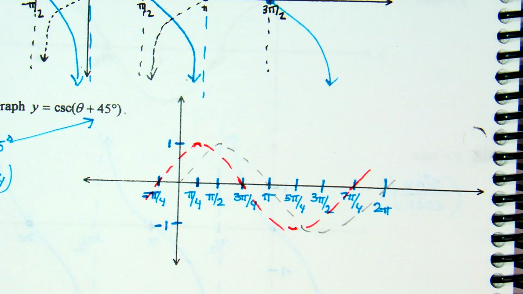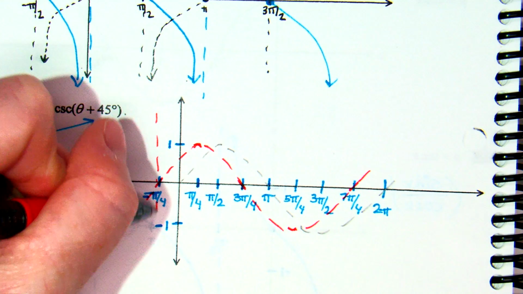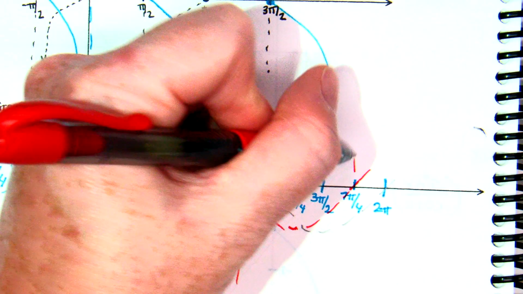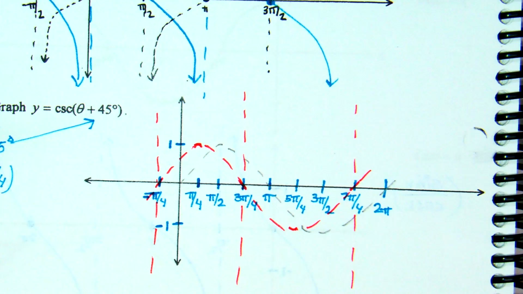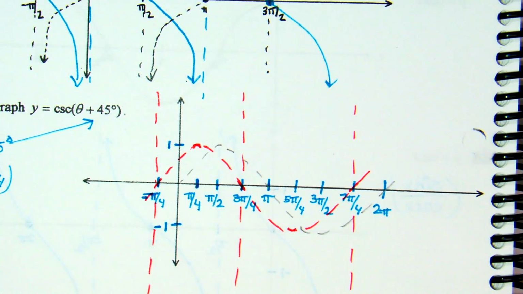Okay. So these zeros here are now asymptotes. So I have an asymptote at negative pi over 4, at 3 pi over 4, and at 7 pi over 4. My asymptotes do not look evenly spaced, but it is what it is. And what do we do in between those asymptotes?